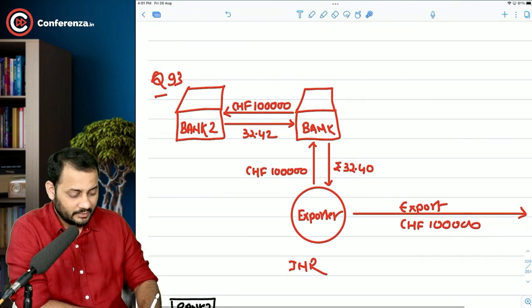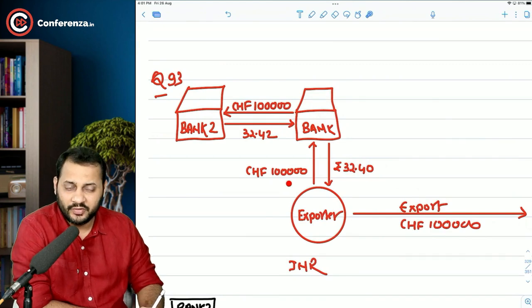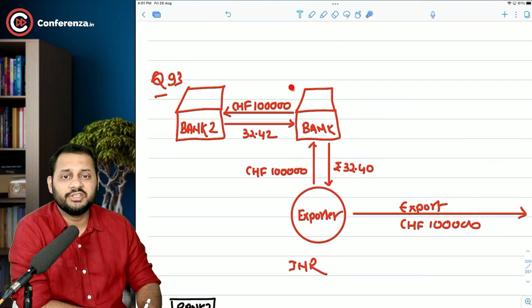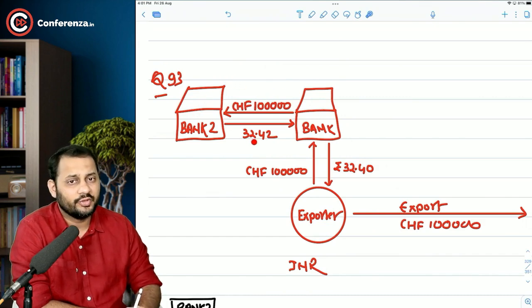Now what happened is that the bank got to know that on 25th April they will get CHF 1 lakh. They immediately entered into a contract with bank 2 that this 1 lakh CHF, when received by the bank, will be paid to the other bank at this rate. So 1 lakh CHF will be received on 25th April and paid to the other bank on 25th April itself.